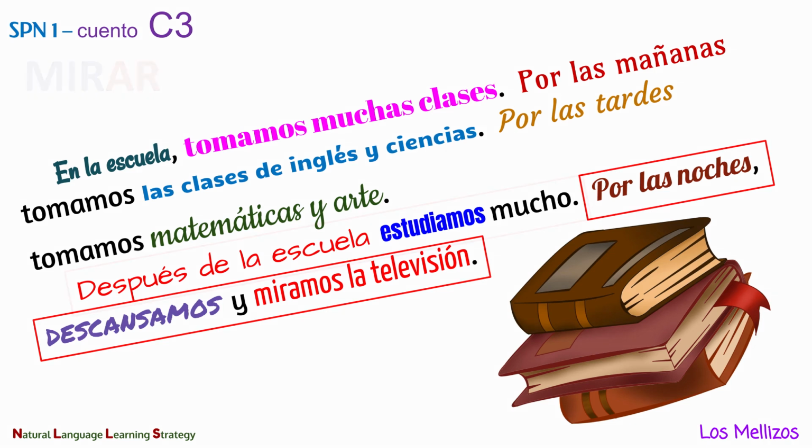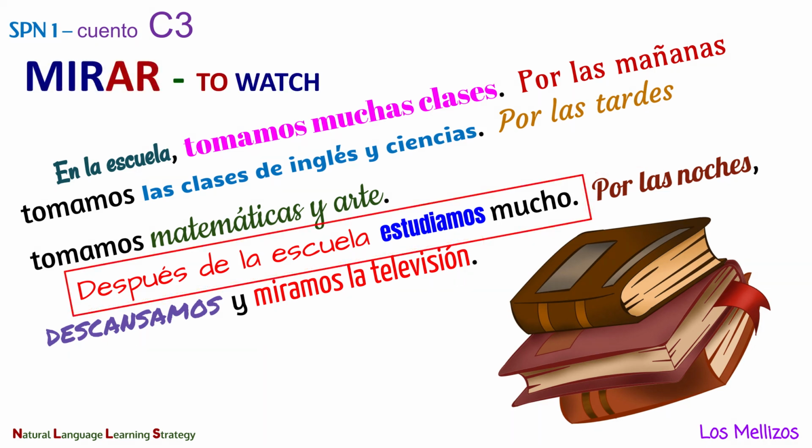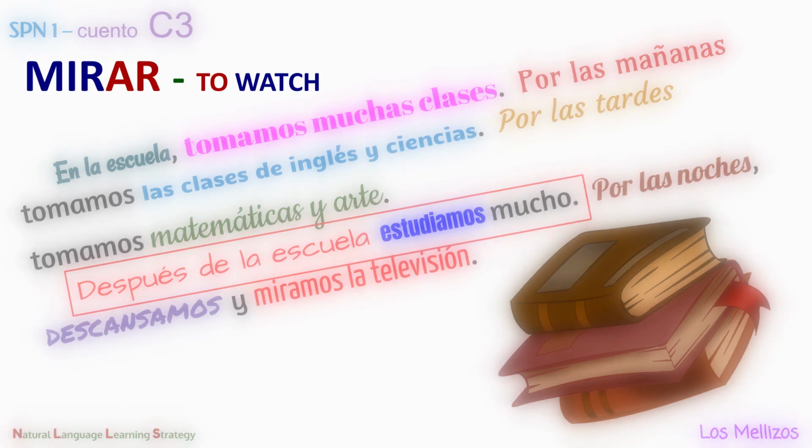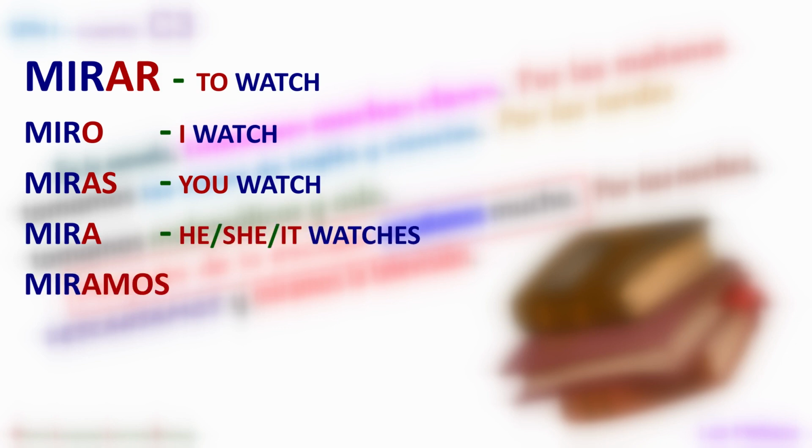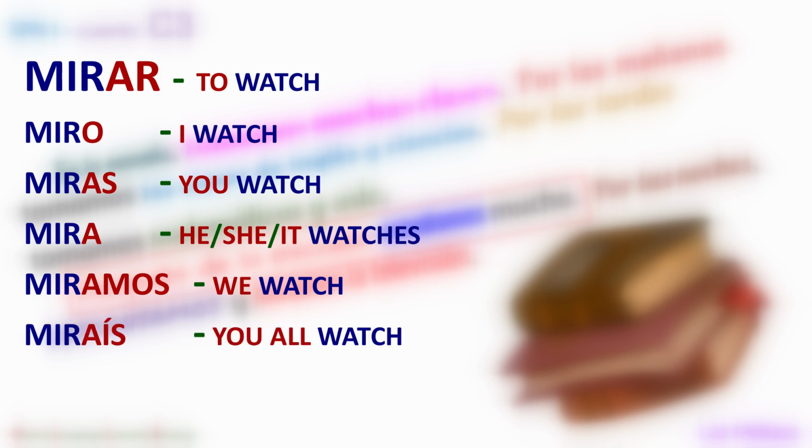Miramos is from the verb mirar and means to watch. The forms are miro, I watch. Miras, you watch. Mira, he, she, or it watches. Miramos, we watch. Miráis, you or y'all watch, only in Spain.